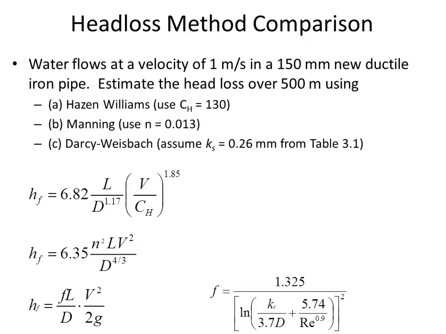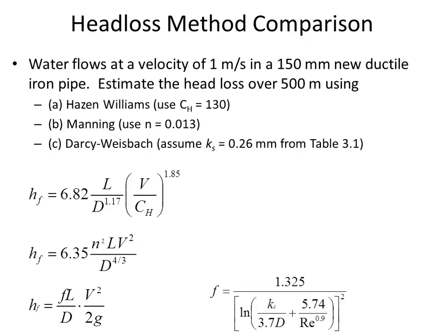And in the Darcy-Weisbach formula, of course, it doesn't give us directly an F, but we can find an equivalent sand roughness with the variable k sub s or epsilon, 0.26 millimeters. And we'll use that equivalent sand roughness to find the relative roughness of the pipe when we solve the equation.